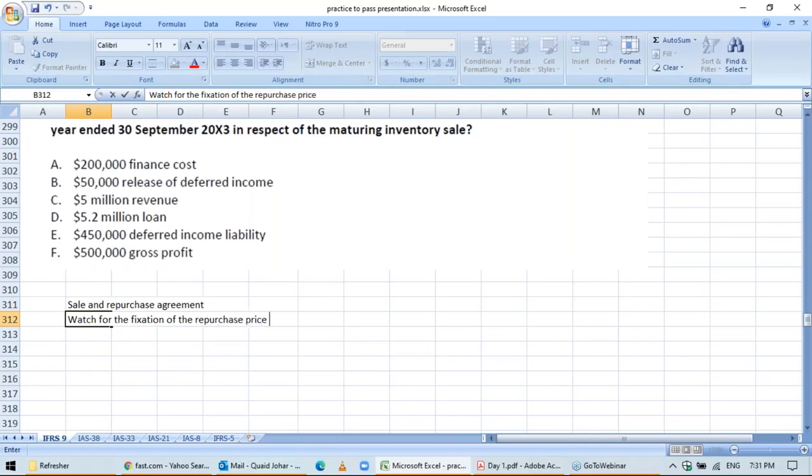So if the repurchase price is fixed, then the agreement is a loan agreement.